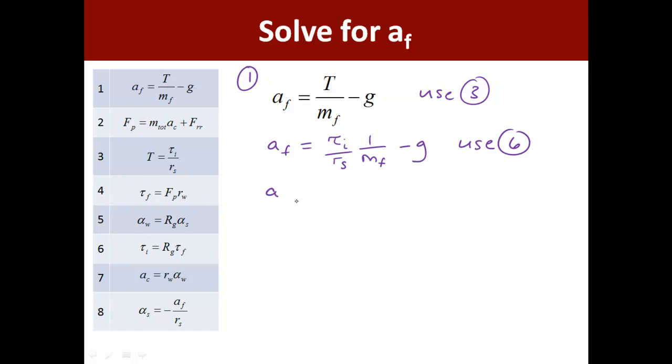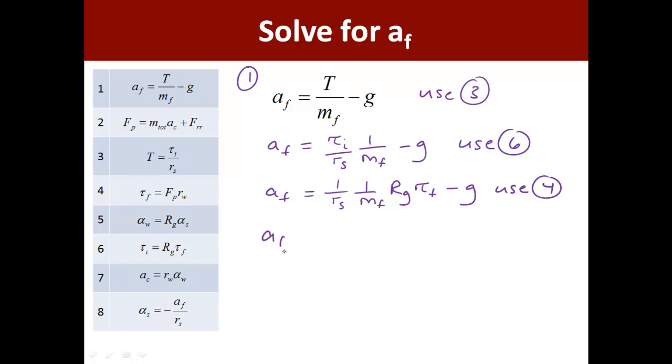And now we'll have A sub f is equal to 1 over r sub s, 1 over m sub f. And plugging in for tau sub I, we'll put in r sub g tau sub f, and then our minus g. Now we have tau sub f as an unknown, so we can use equation 4 to substitute something in for tau sub f.